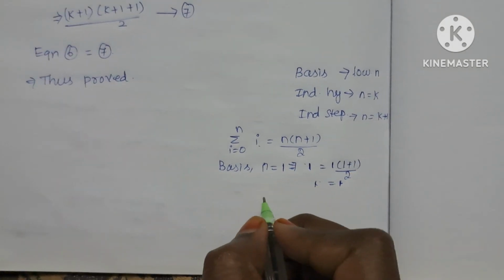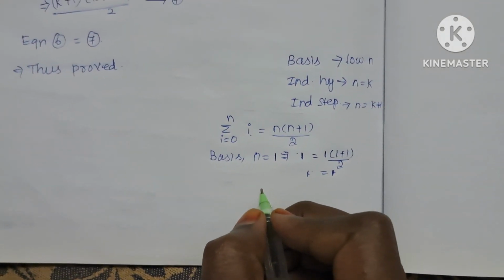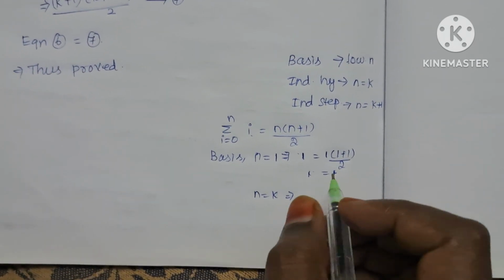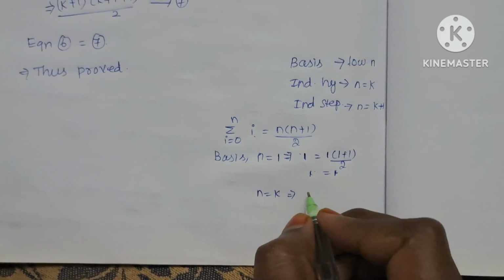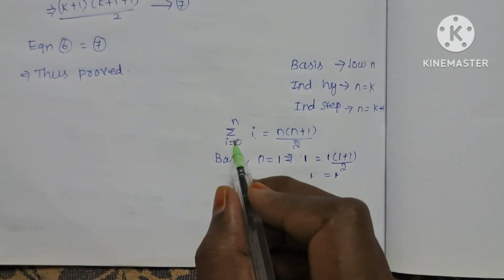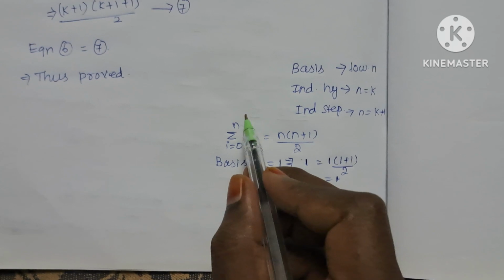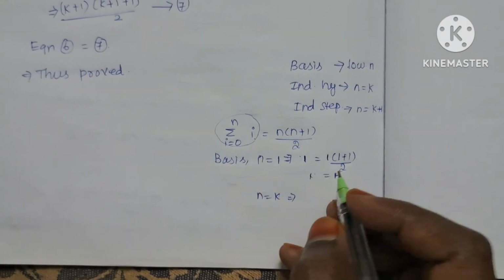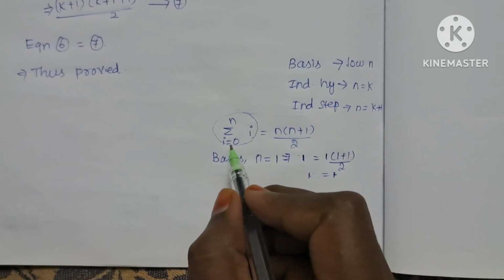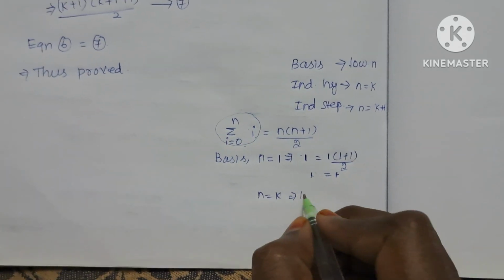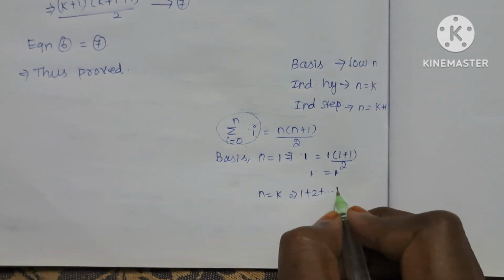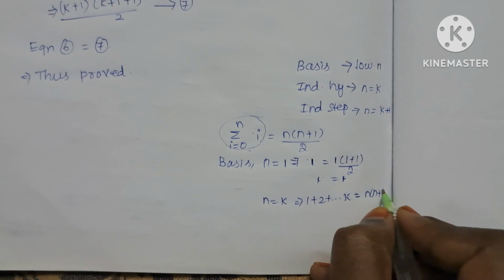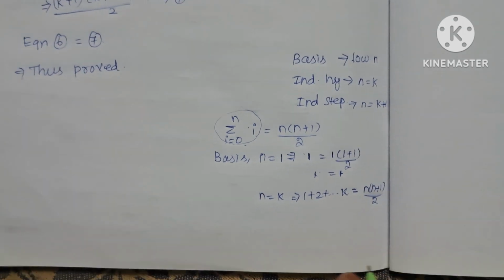In inductive hypothesis, we applied n equal to k. Before that, we need to get this equation. So here i is given as i equal to 0 to n, which can be written as 1 plus 2 plus up to k is equal to n into n plus 1 by 2.